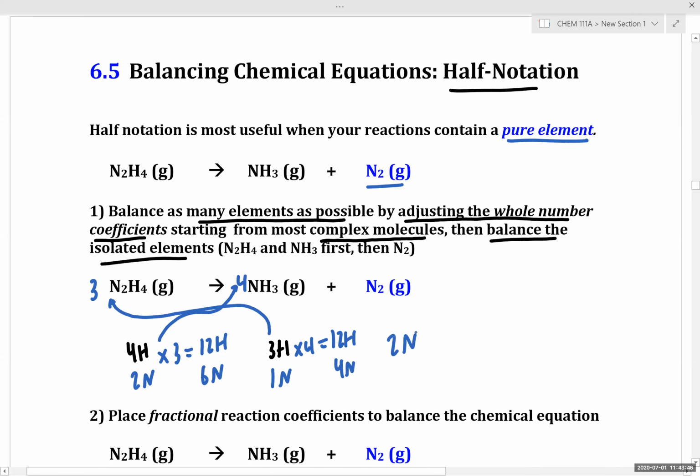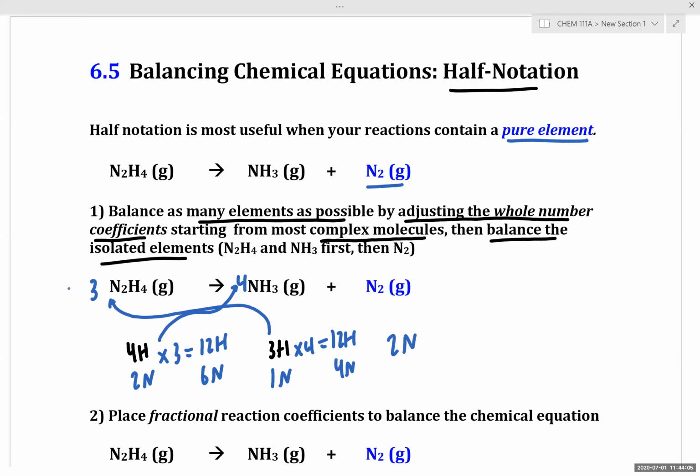N2, we just have 2 nitrogens. So in this case, our chemical equation balanced using the traditional method is completely balanced just with this first least common multiple method.